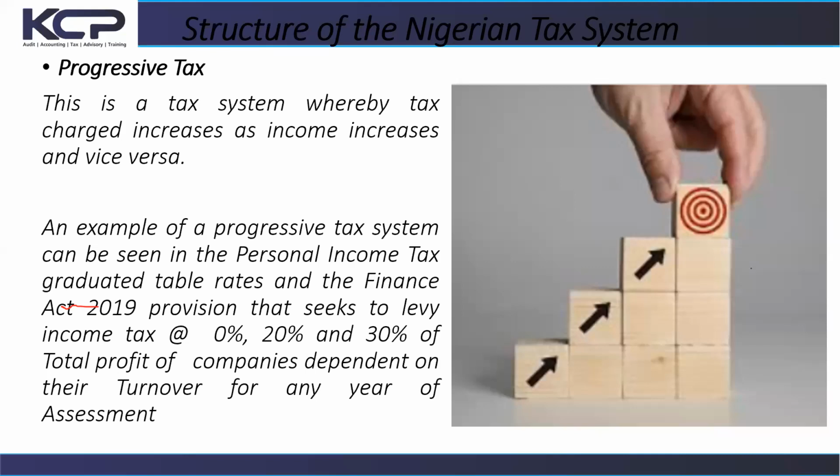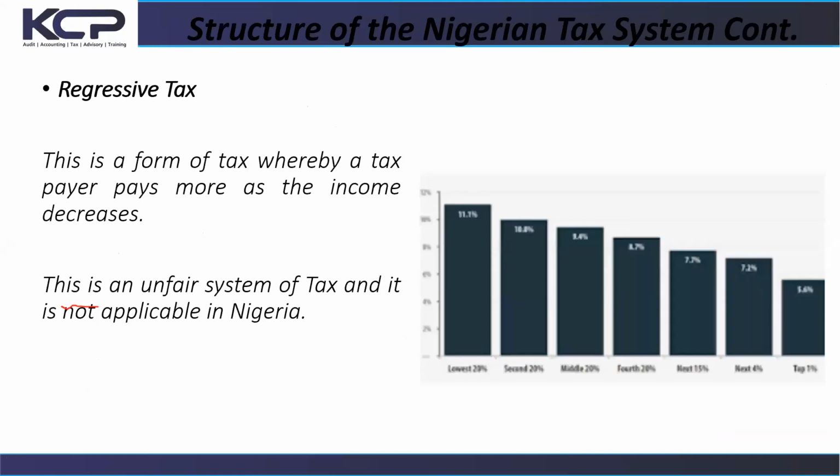We have made mention of the proportional tax structure, the progressive tax structure, then the regressive. Unfortunately, what we do in Nigeria is the regressive. If you look at the proportional percentage of what a lower income earner pays as tax in Nigeria, it is far higher than what the high income earner pays as taxes.